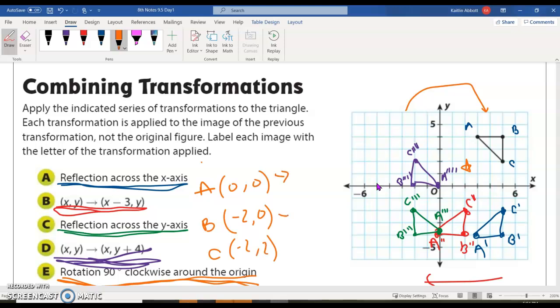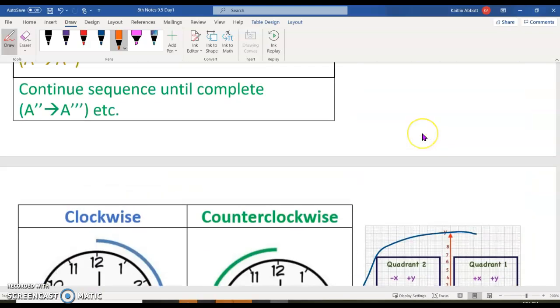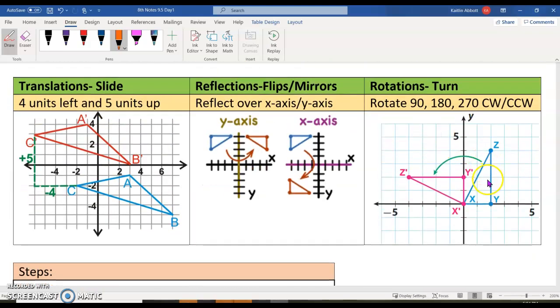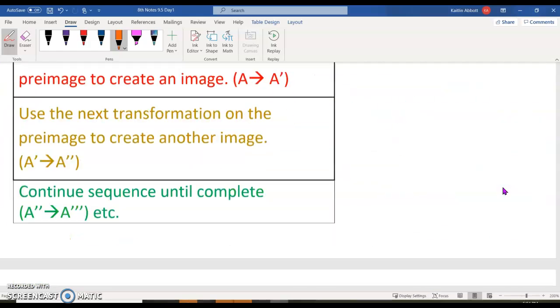Okay, and the rule for 90 degrees clockwise. Do we have our handy dandy cheat sheet up here? No.